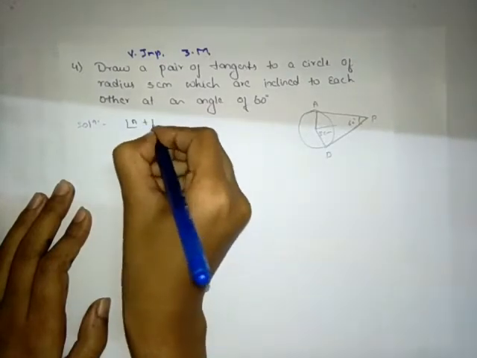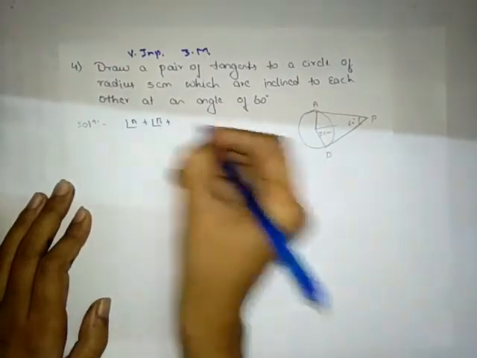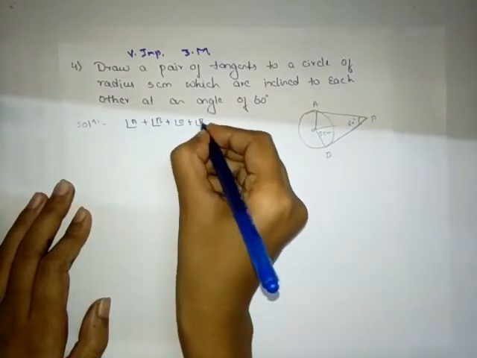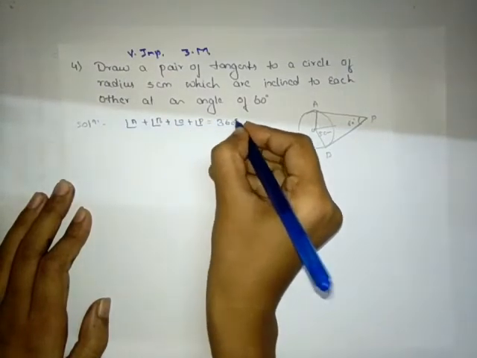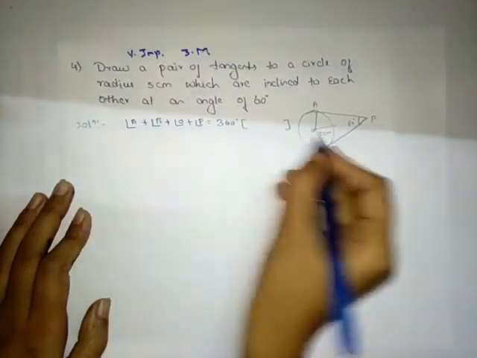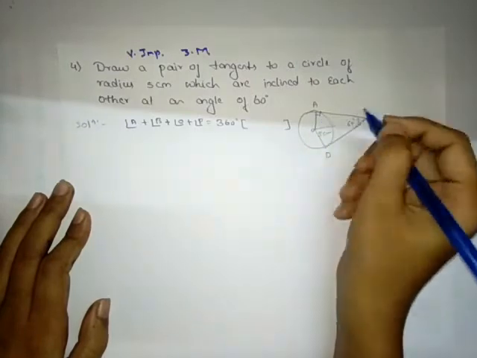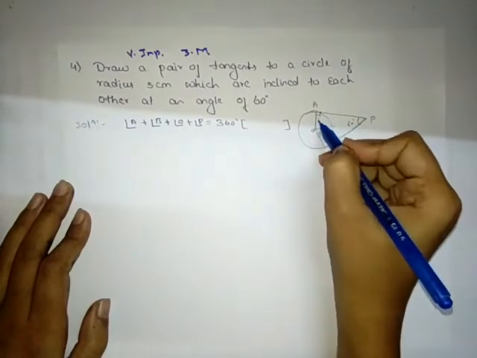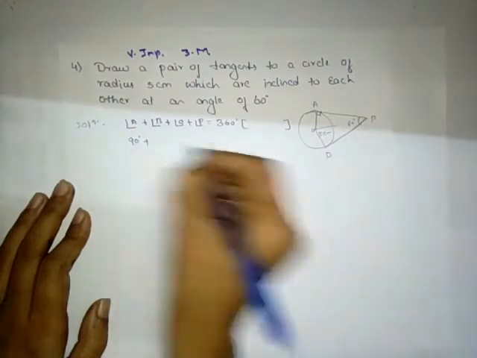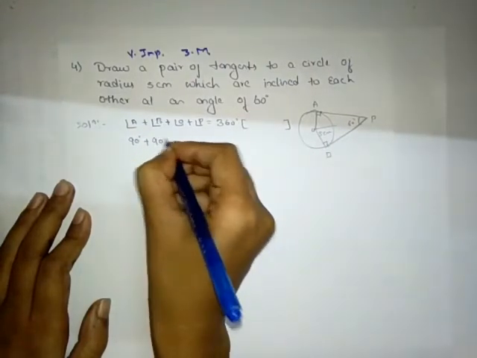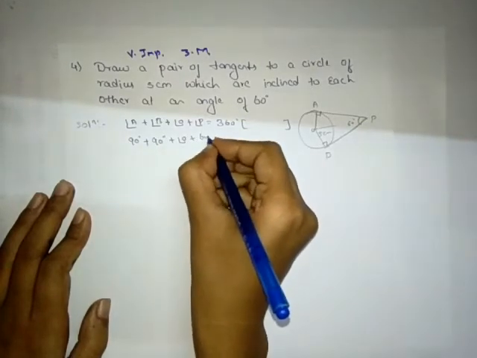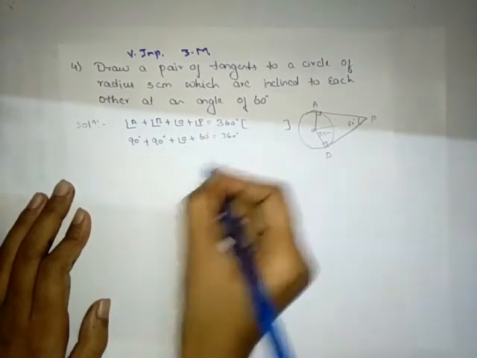Angle A plus angle B plus angle O plus angle P is equal to 360 degrees because of the angle sum property, right? Now we'll substitute the values. We know that the angle between the tangent and the radius is always 90 degrees, isn't it? So we'll write 90 degrees plus 90 degrees for angle B plus angle O, which we keep as it is, and angle P is 60 degrees.